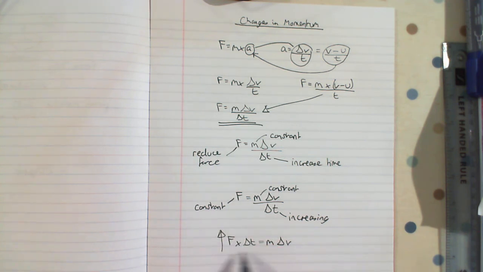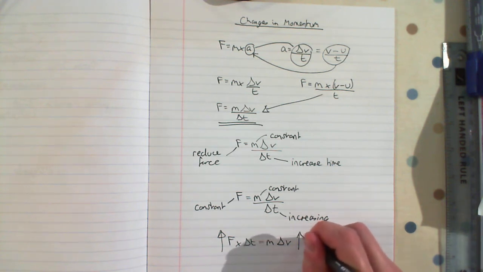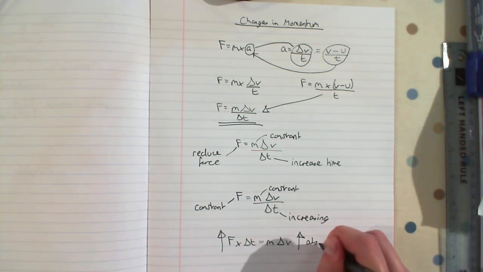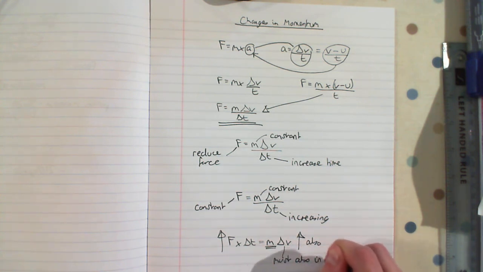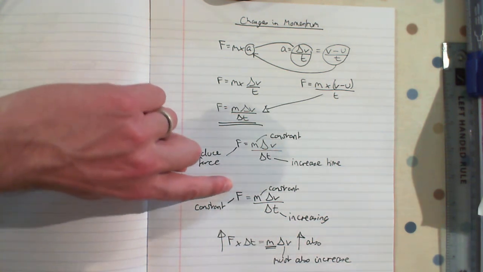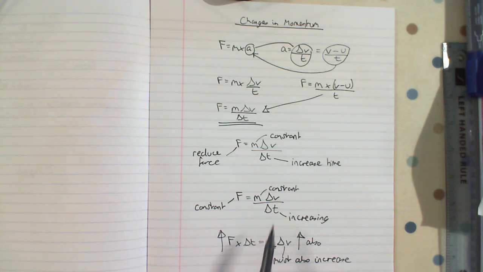If that side of the equation is increased, then this must increase also. And if this side of the equation is increasing, but the mass is constant, that must mean the change in velocity must also increase. So if we have a constant force, but we increase the time, the change in velocity increases.